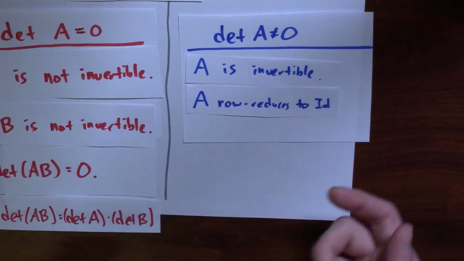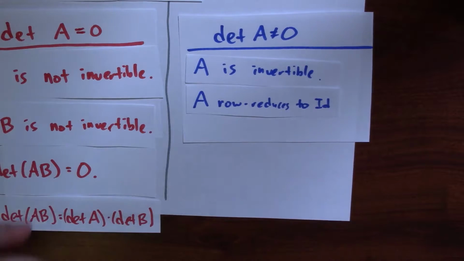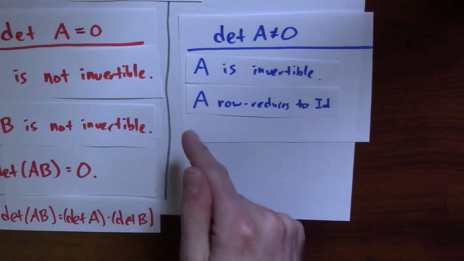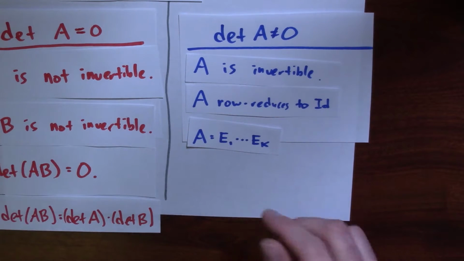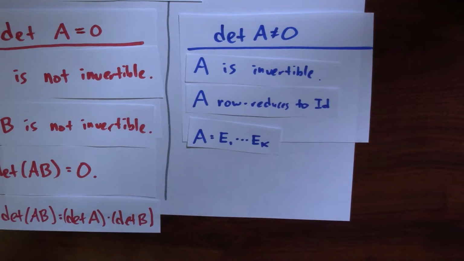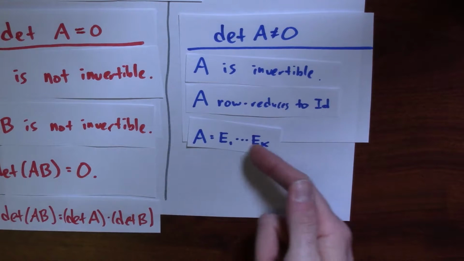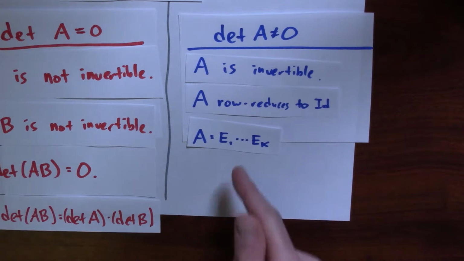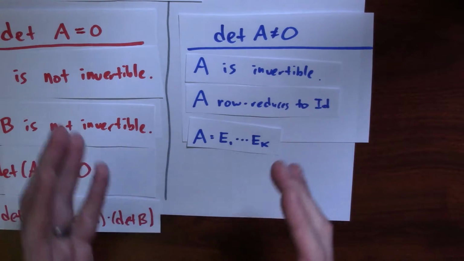Conversely, I could undo those row operations to transform the identity matrix back into the matrix A. The consequence is that I can express the matrix A as a product of elementary matrices. These are the matrices multiplication by which corresponds to doing a row operation.